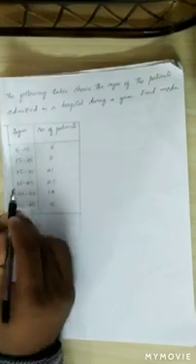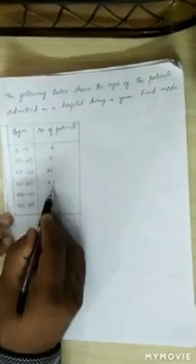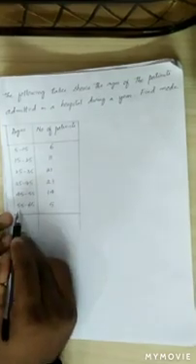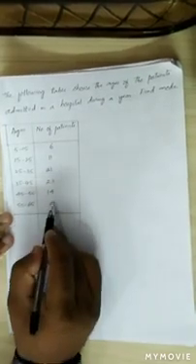The data is about the ages of the patients. 5 to 15 years: 6 patients. 15 to 25 years: 11 patients. 25 to 35 years: 21 patients. 35 to 45 years: 23 patients. 45 to 55 years: 14 patients. And the last, 55 to 65 years: 5 patients. In this question, we have to find the mode.